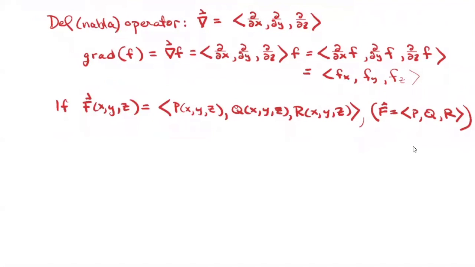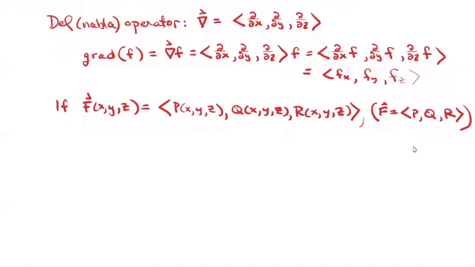So we've already seen what a scalar multiplication is with a gradient. But that would only work with a scalar valued function. What if the function is vector valued? Well, there's no scalar product, but there are dot products and cross products.